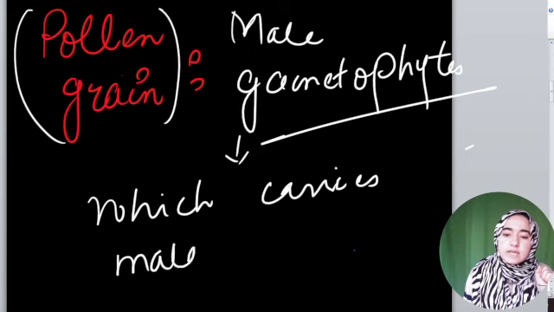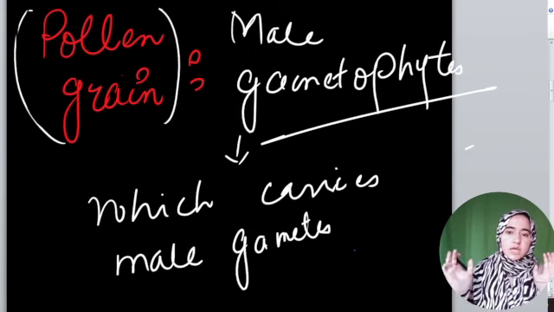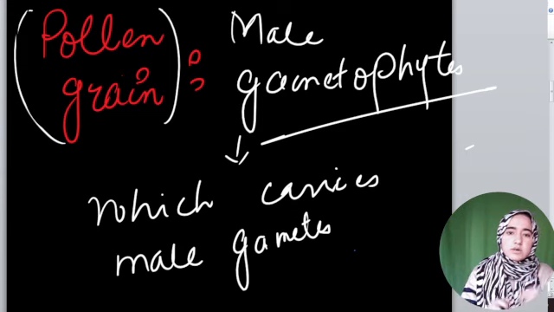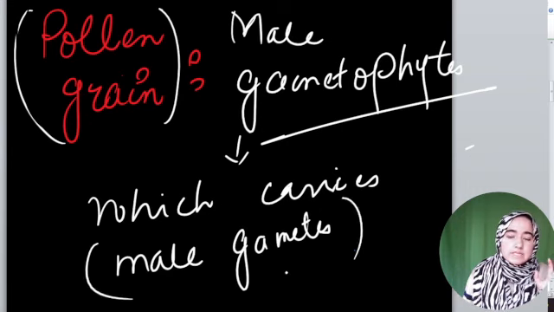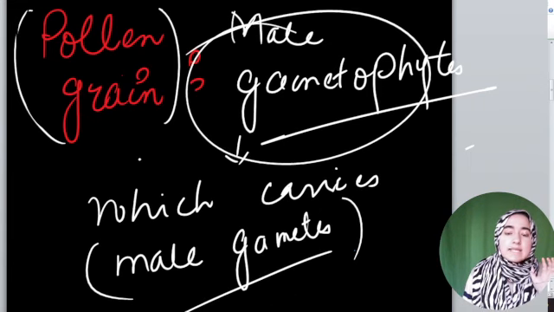The pollen grains which you see around you, which travel through air or insects, as we learn in pollination, are male gametophytes. They are not themselves male gametes. They carry male gametes.